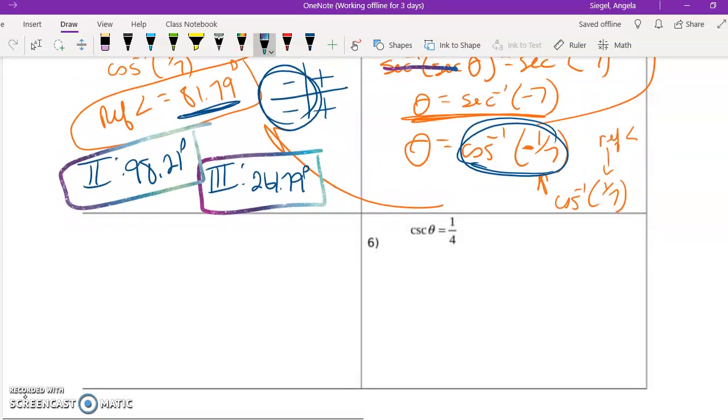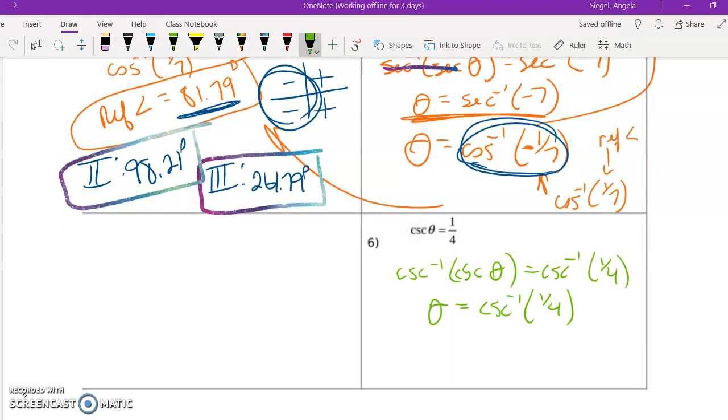Okay, so this one, go ahead and set it up. I'm going to push pause. Okay, I'm going to do the same thing as I did up here, this process. So I'm going to flip it, because our minds don't work in this realm, they work in sine, cosine, tangent. So I'm going to have the sine inverse of 4.